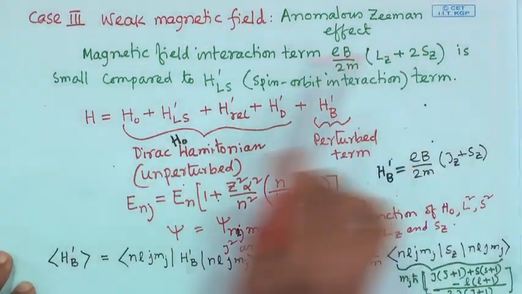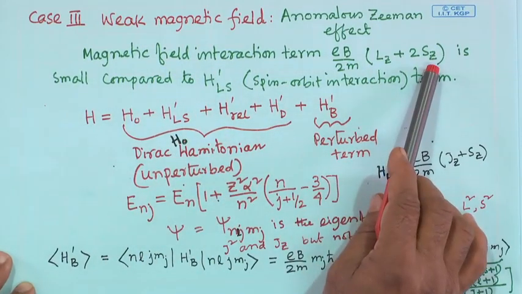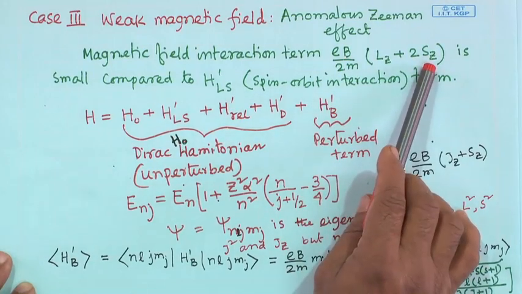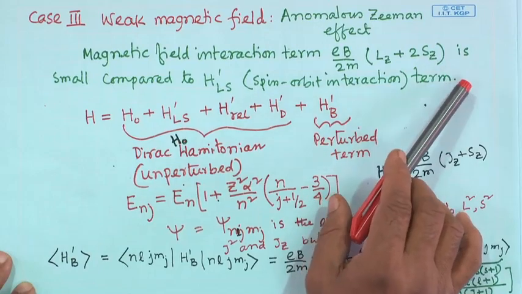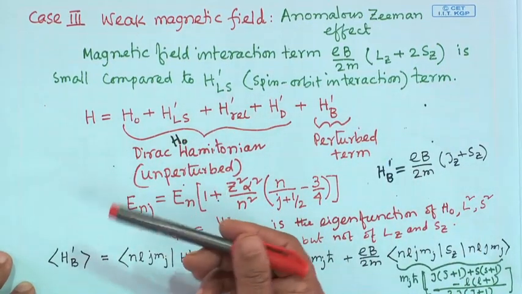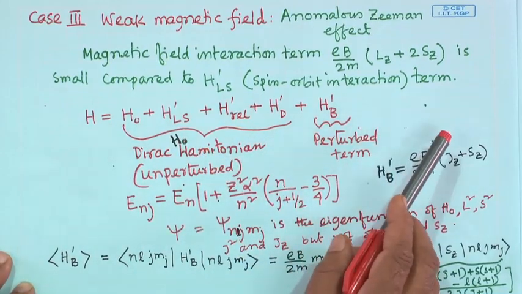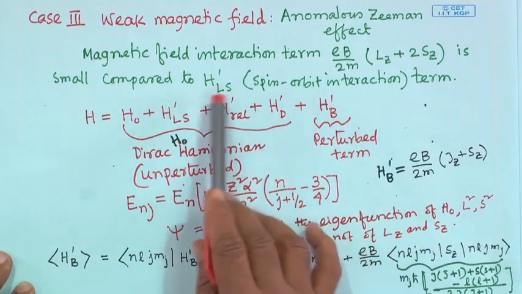Now the magnetic field interaction term is very small compared to the LS coupling term. How small, how big, we have to compare with some reference, and here the reference is the spin orbit interaction term.